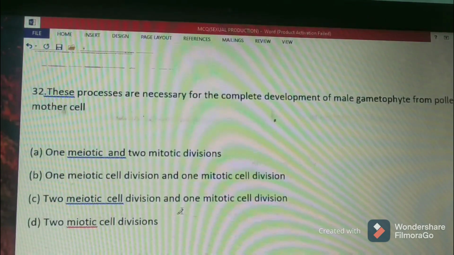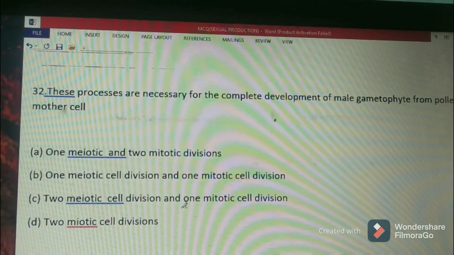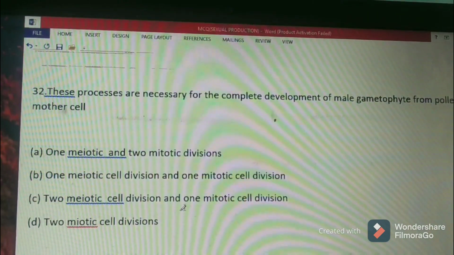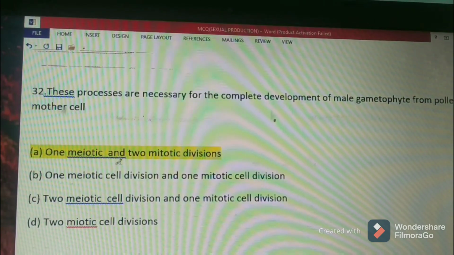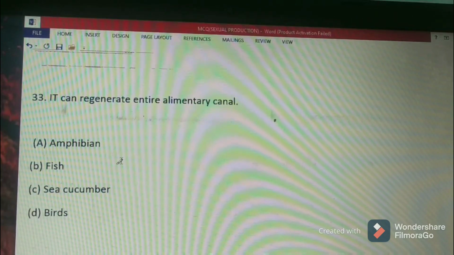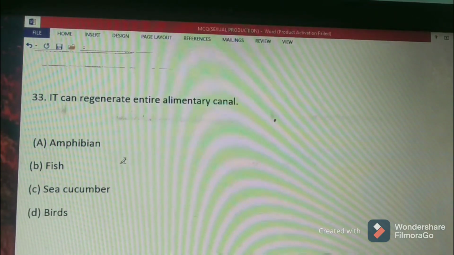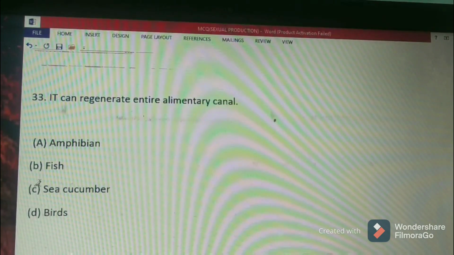This process is necessary for the complete development of male gametophyte from pollen mother cell: one meiotic and two mitotic divisions. It can regenerate the entire alimentary canal. C. Cucumber.